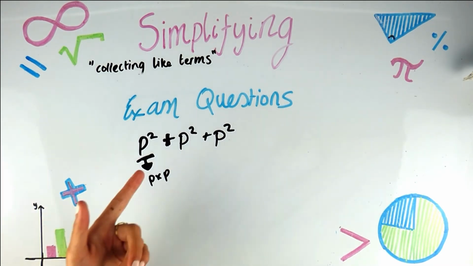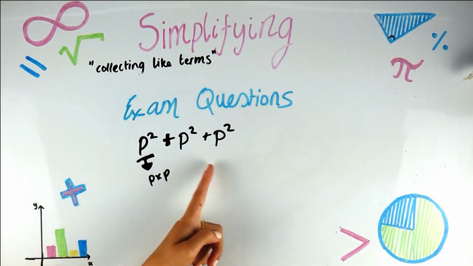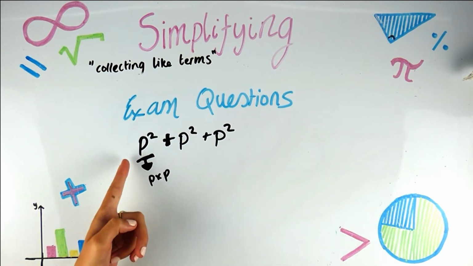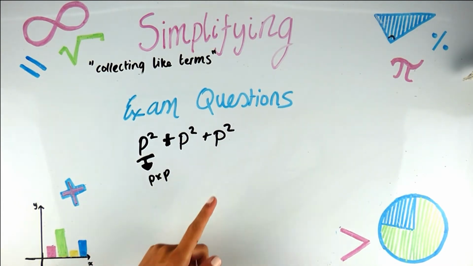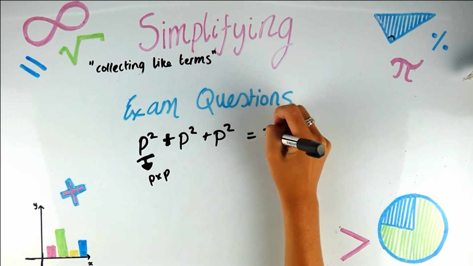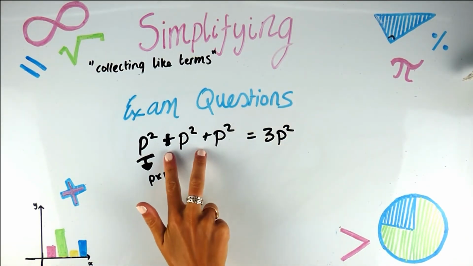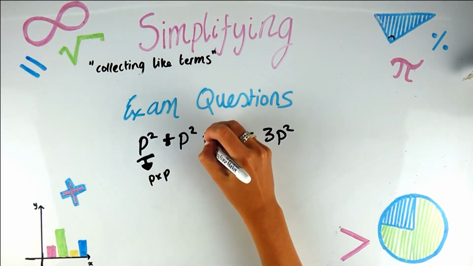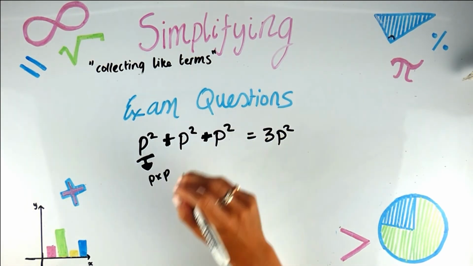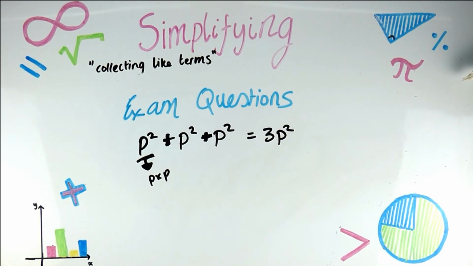Pizzas, doesn't really matter. Let's say we've got 1 pizza and another pizza and another pizza. We've got 3 pizzas, so we've got 3 p squareds basically. Adding just makes more sense if you think of it in languagey terms. So that would just be 3p squared.